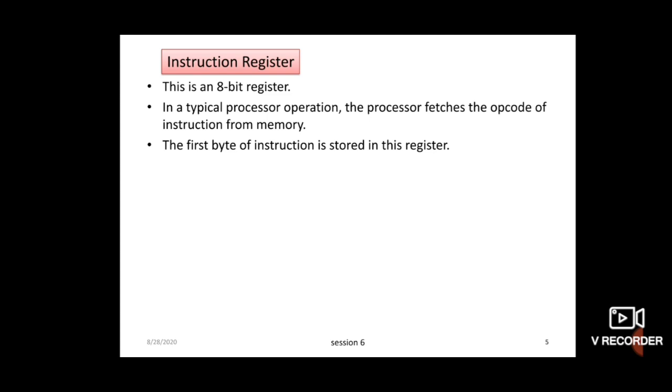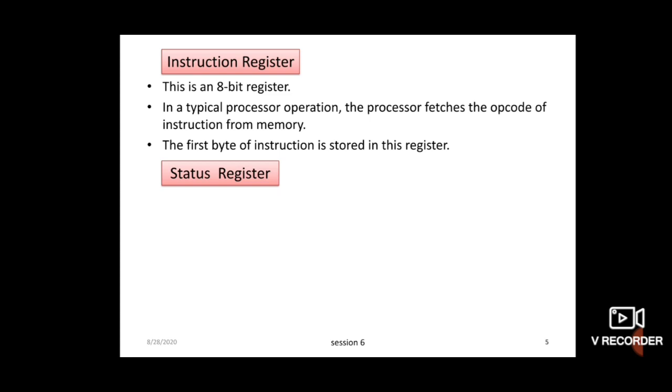So it fetches the opcode of the instruction from memory and stores this opcode in the instruction register, meaning the first byte of the instruction is stored in this register. What do you mean by first byte, second byte, third byte? This topic will be explained in the next session.